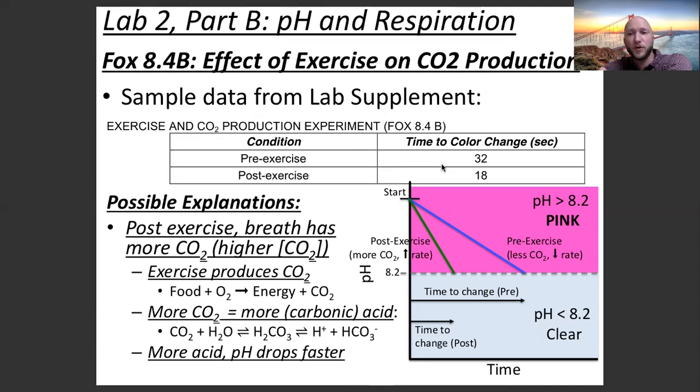As you produce more carbon dioxide from that energy production, you exhale more carbon dioxide. As you exhale, more carbon dioxide gets absorbed into the solution. As more carbon dioxide gets absorbed in the solution, the faster the pH drops and the faster you see color change. So you will have a color change faster after exercising.